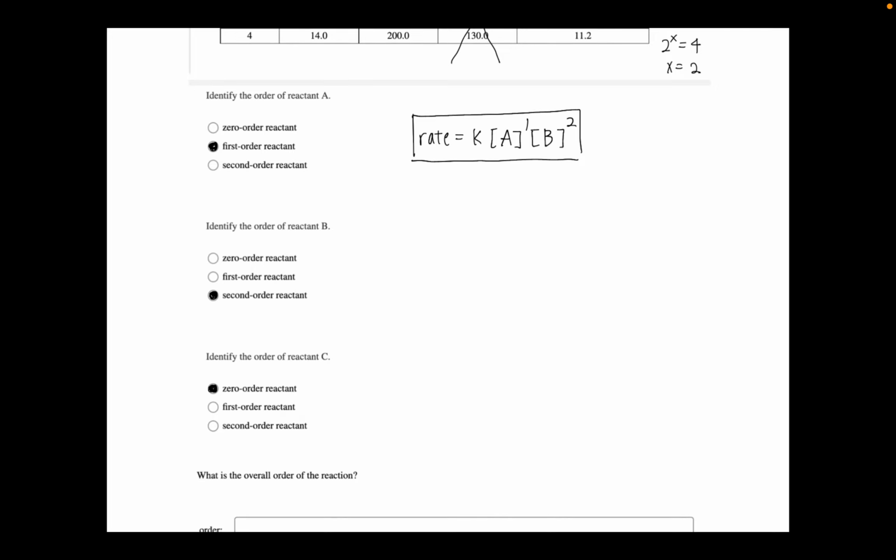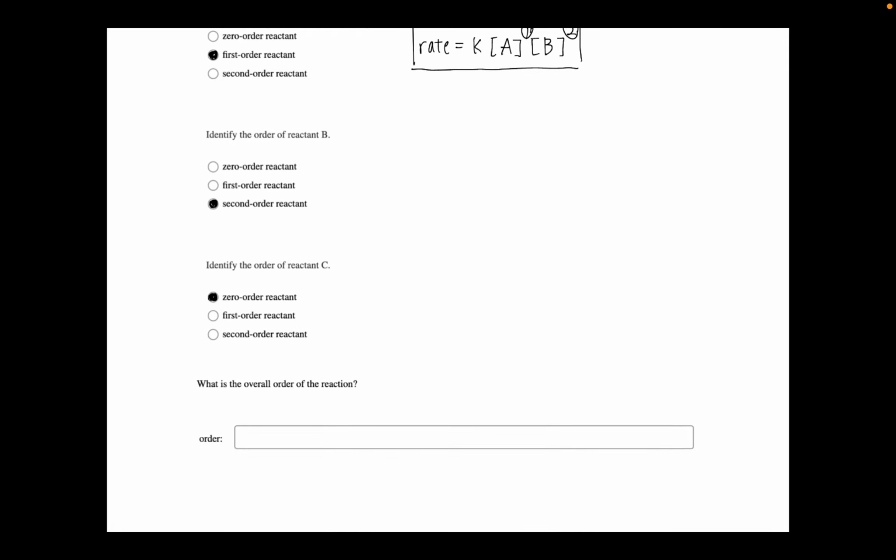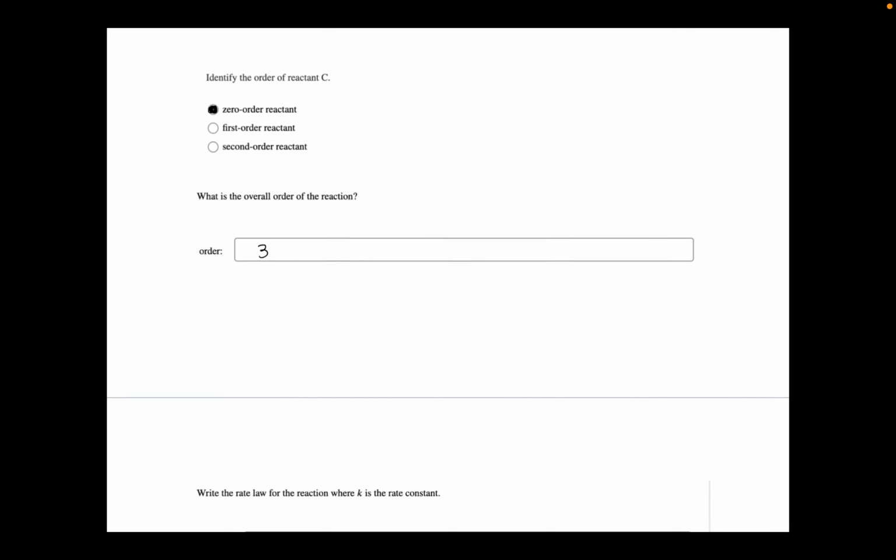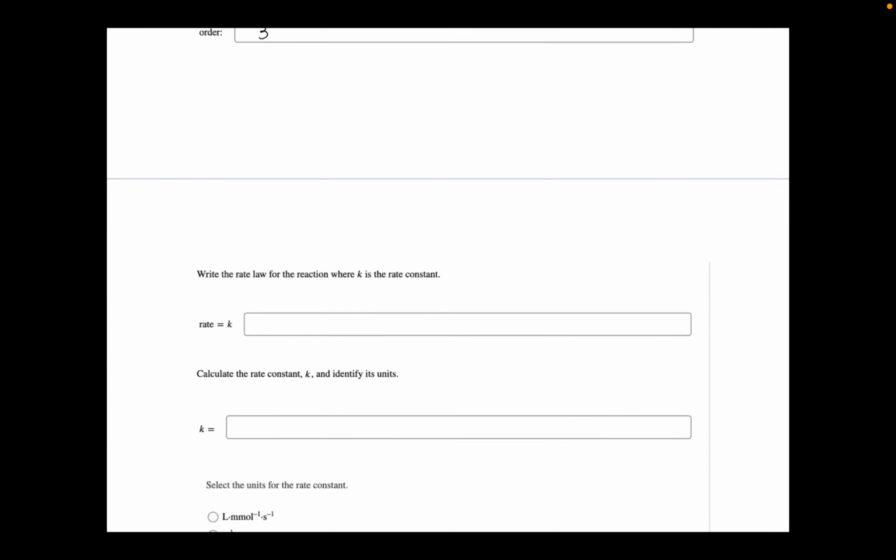So what is the overall order of the reaction? We just add up the exponents: 1 plus 2 equals 3. So the overall order of this reaction is 3. And we already answered this: the rate equals k times A and concentration B squared.